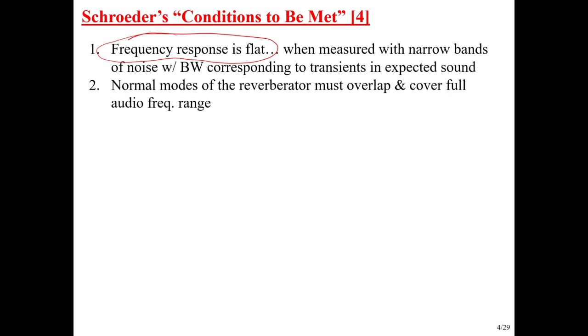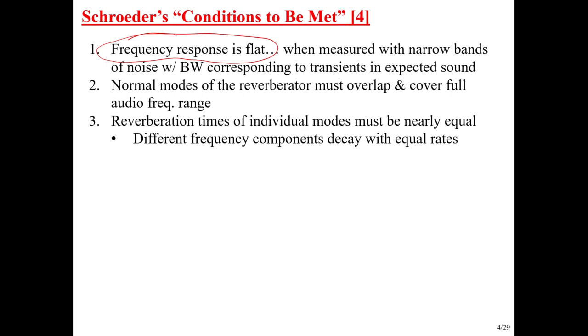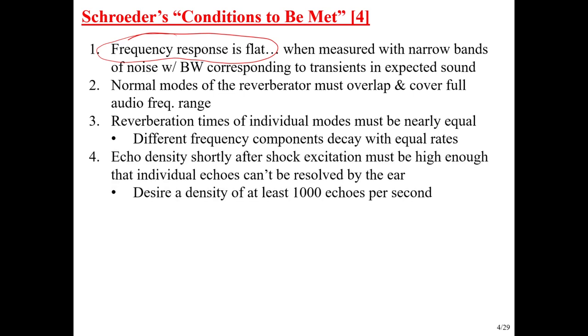I'd like these modes to overlap somehow, and I want them to cover the entire audio frequency range. And then he says, I want the individual modes to decay with equal rates. We know that real rooms might have nearly equal rates. He's just going to go with perfectly equal rates.